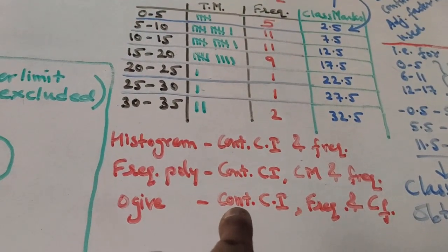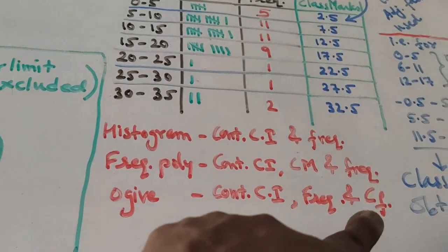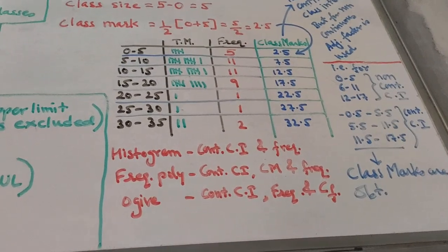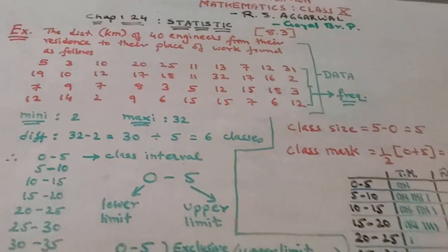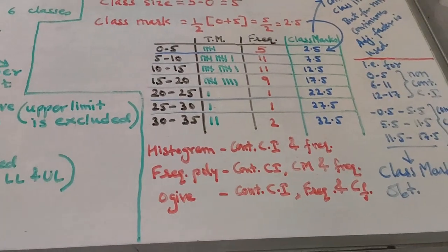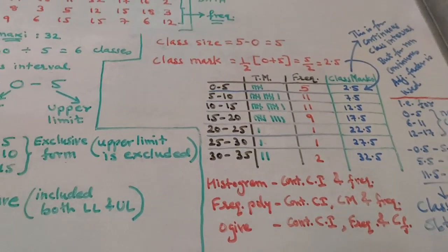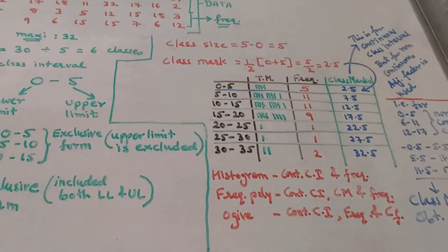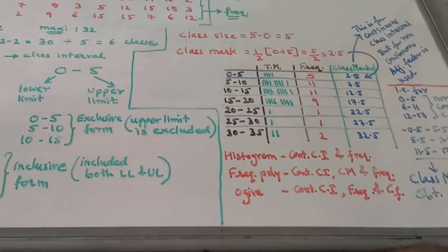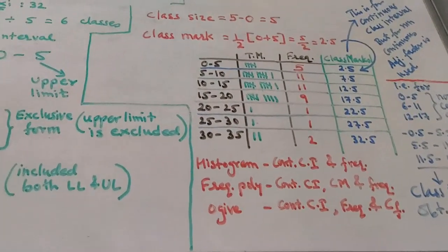And for Ogive you require continuous class interval, frequency, and cumulative frequency. So let us see these three graphs for this data, and I will be drawing them on graph paper, as I cannot do it on the board. So first I will draw it and then show you all three graphs for the same data.